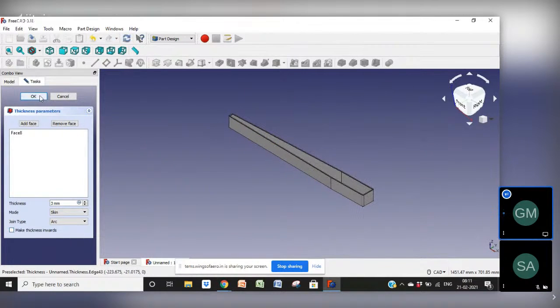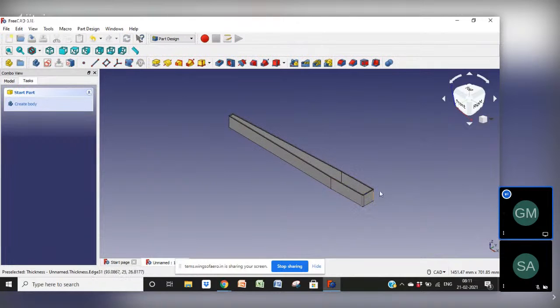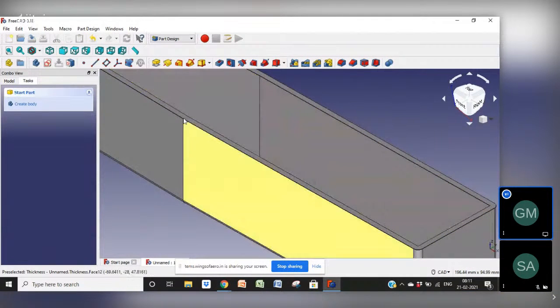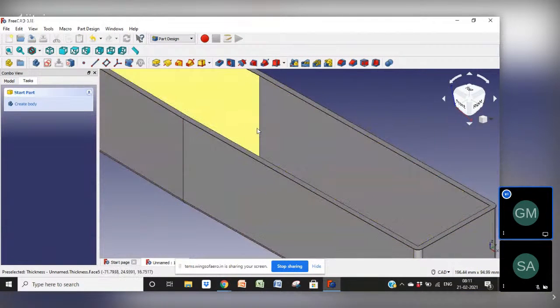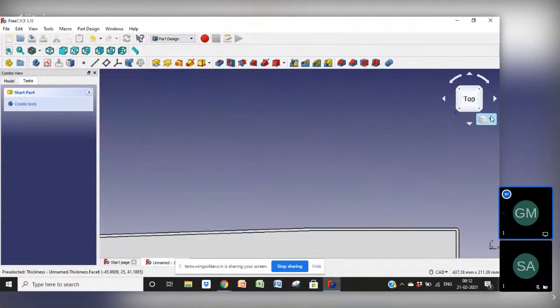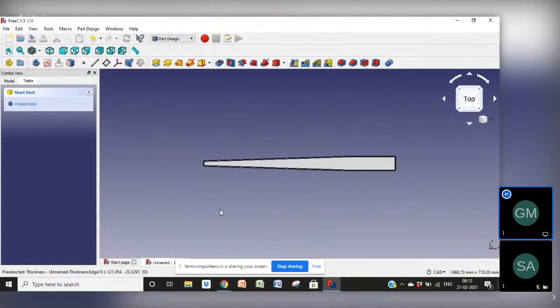Thickness outward, okay, we have made this. You can see it after zooming. Now it is hollow. Okay, from top view it is looking like this, and the hollow part is there inside.